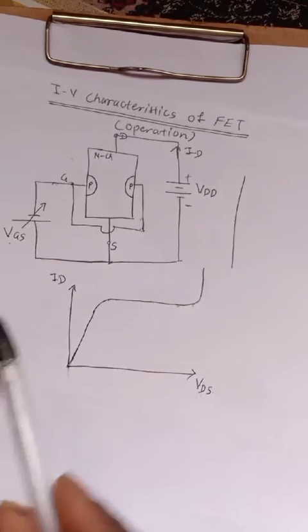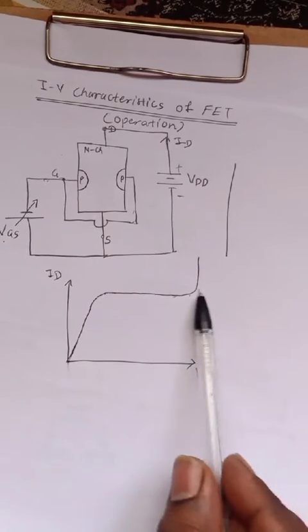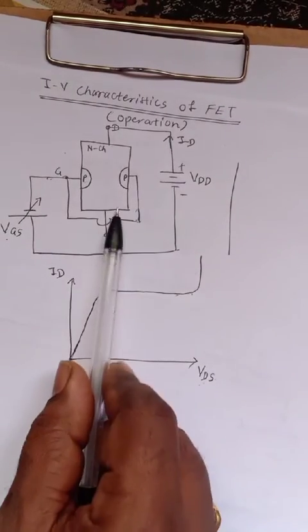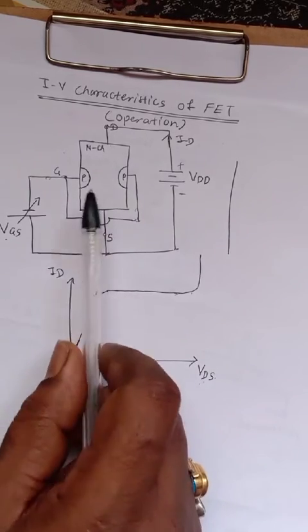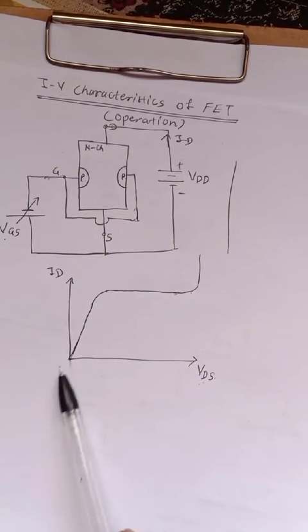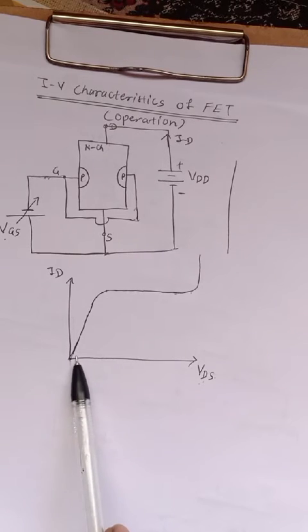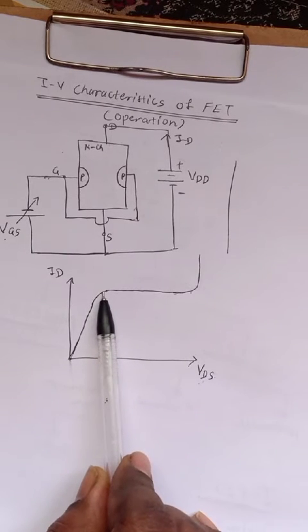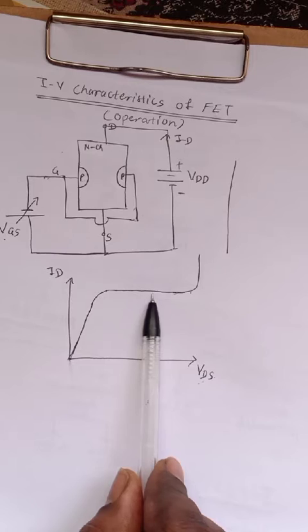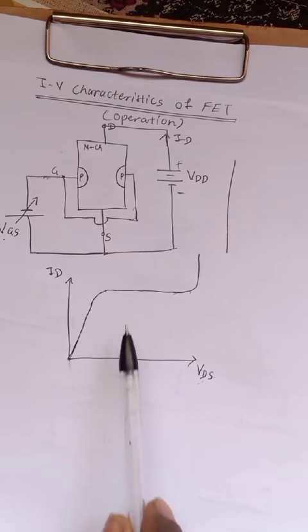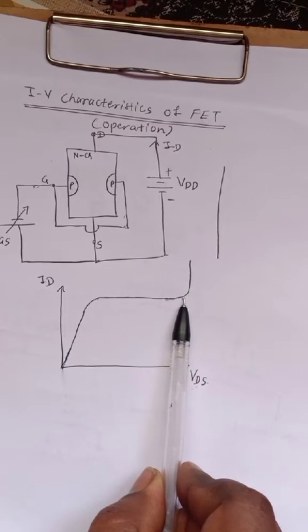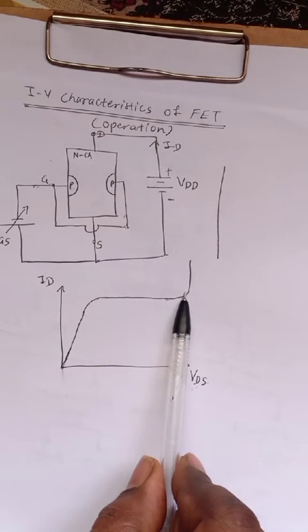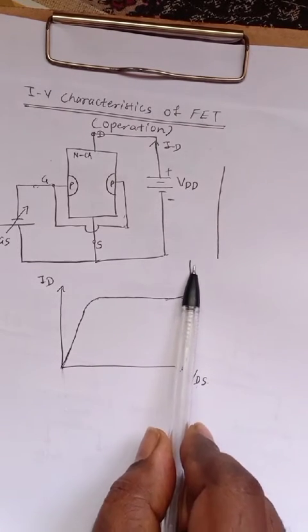So let us see this behavior of the semiconductor. Between drain and source there is a simple n type semiconductor. Initially, if we increase the voltage, it acts like a resistor. After some time, it goes into saturation, and there is a constant current as we increase the voltage. And after some time, if we increase the VDS voltage, it goes into breakdown.